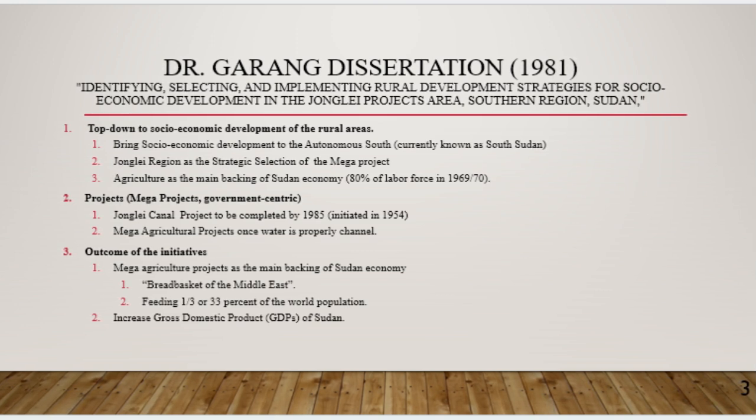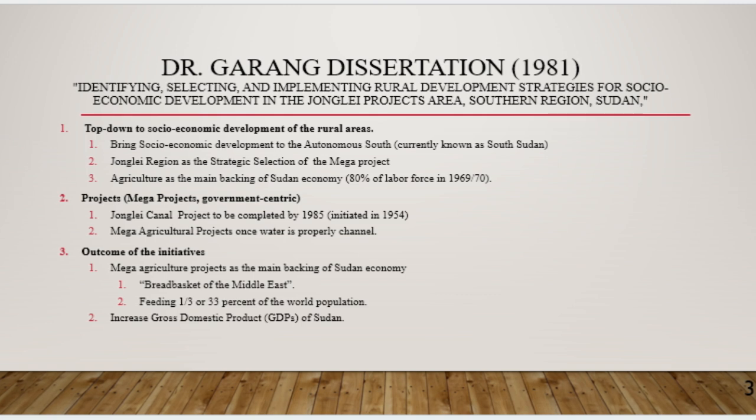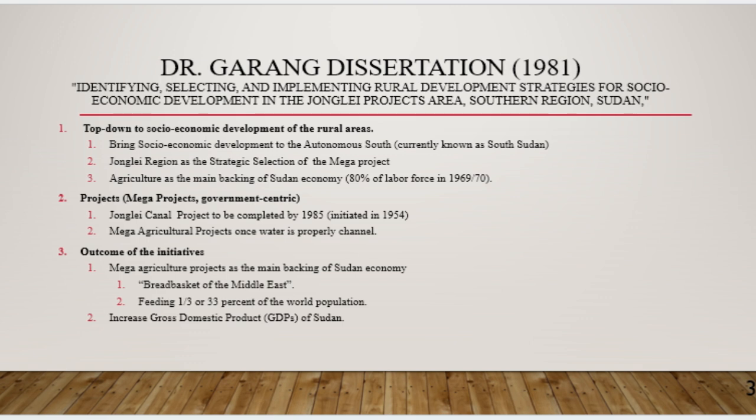And the aim of that project was agriculture as the main backbone of the Sudan economy. The Sudan economy at the time, in 1969 to 70, had 80% of the labor force working in the agriculture industry.